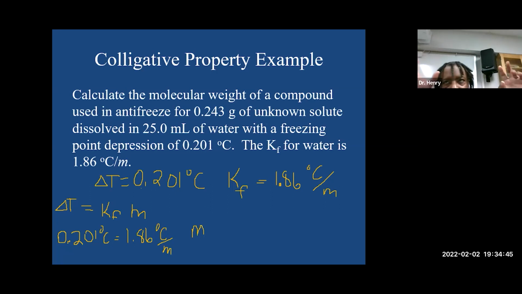This is the abbreviation for molal, okay? So in this case, we're solving for our molal, which is going to equal 0.201 degrees C divided by 1.86 degrees C per molal. So the C's are going to cancel out, and we're going to be left with our units in molal.